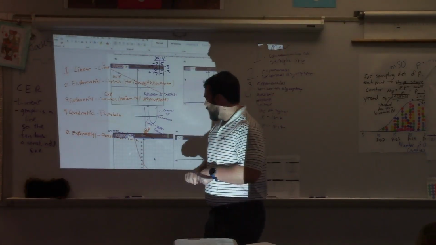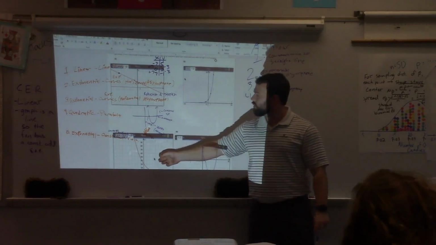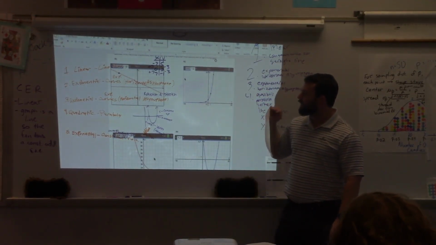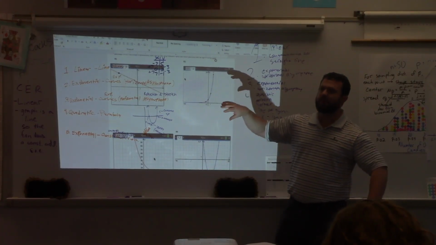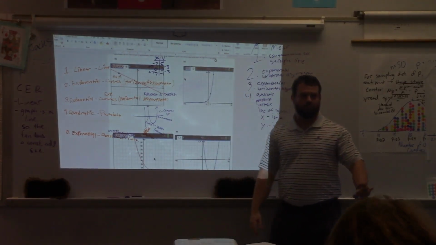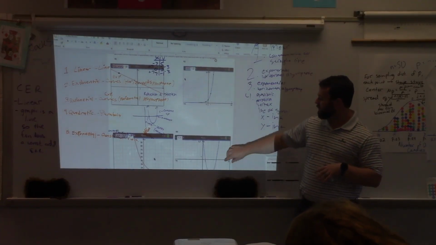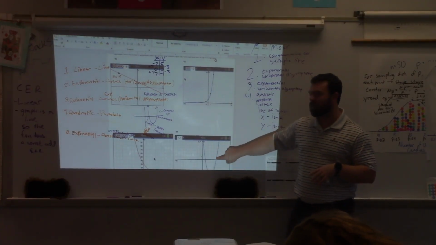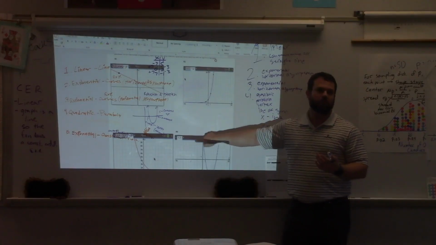Now, from there, what are the next two? Exponential. I need you to be careful with the exponential because one of the most common things that I see students say is, oh, it has a curve. It's not touching the line. Okay, so the asymptote's important, but remember, this right here is a curve, isn't it? So why is this not exponential? Parabola.